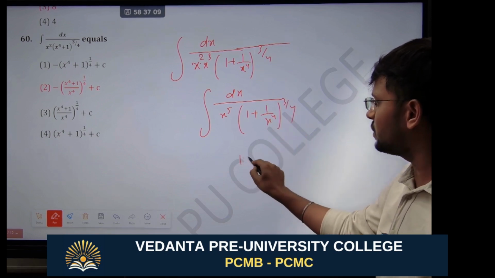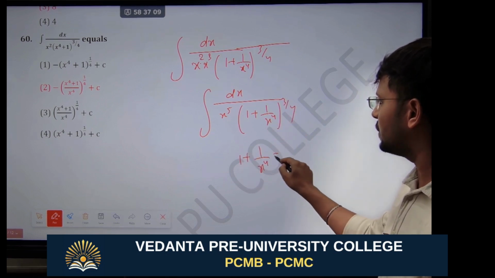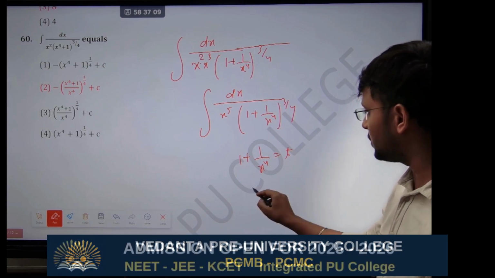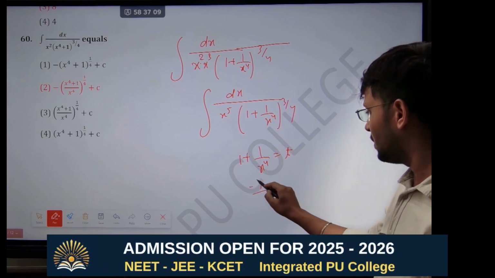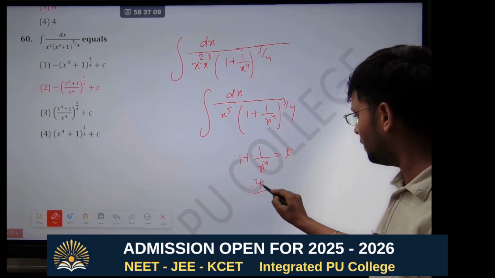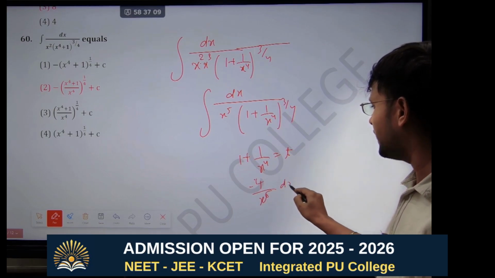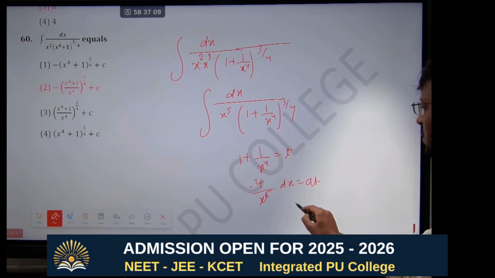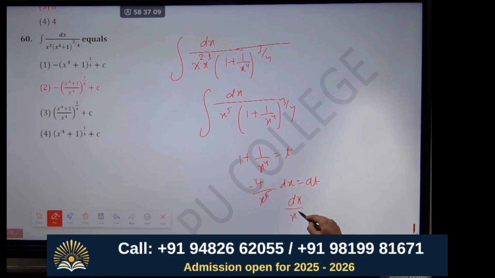Now substitute 1 plus 1 by x4 equal to t. Now differentiate. This will be 0 minus 4 by x5 dx equal to dt. So dx by x5 will be equal to dt by minus 4. Substitute those values there.